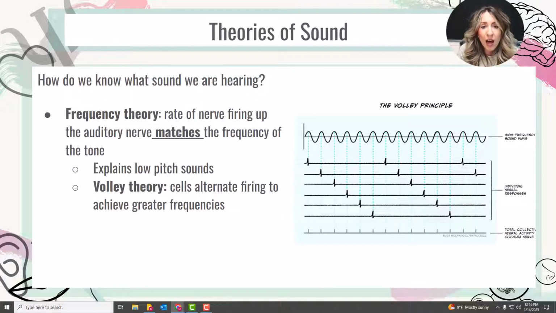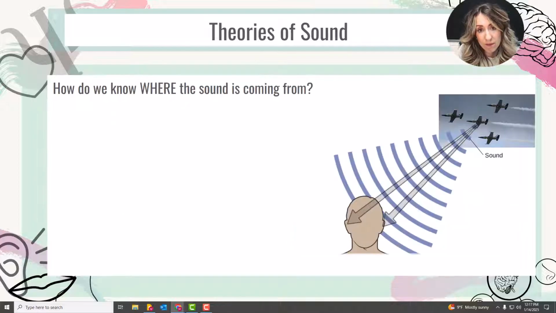This is called the volley theory, kind of like volleyball, back and forth, adding together to create greater frequencies. So those are the major theories of how we know what frequency of sound we're hearing.